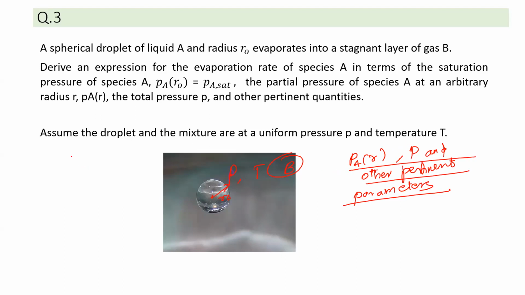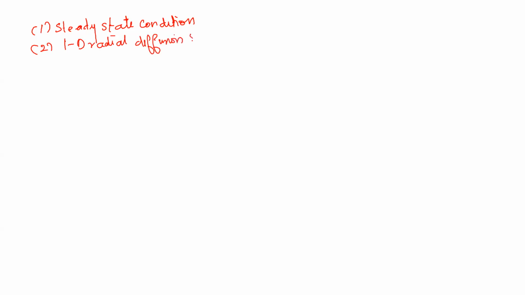So we assume steady state condition, one-dimensional radial diffusion of species, constant properties including total concentration.